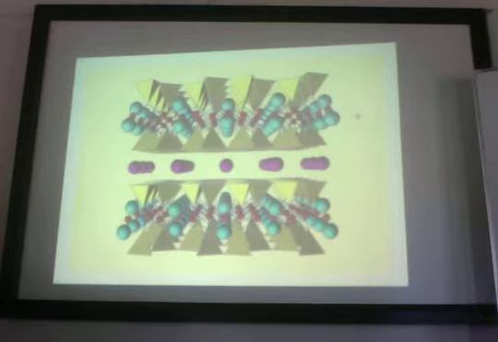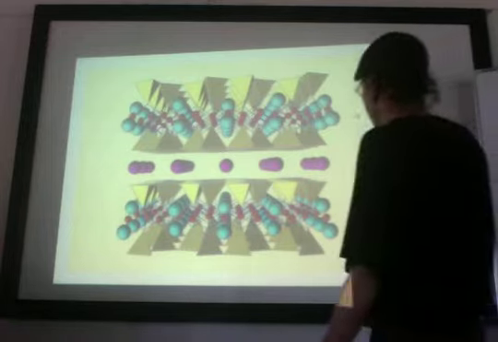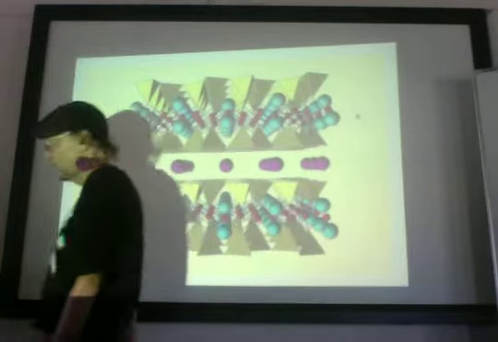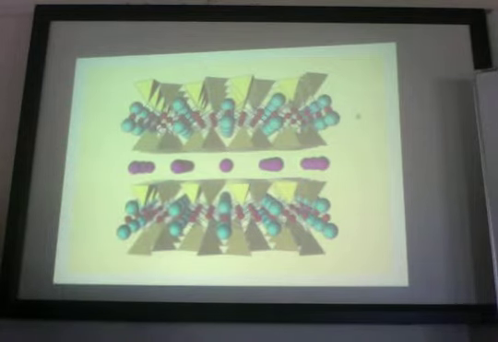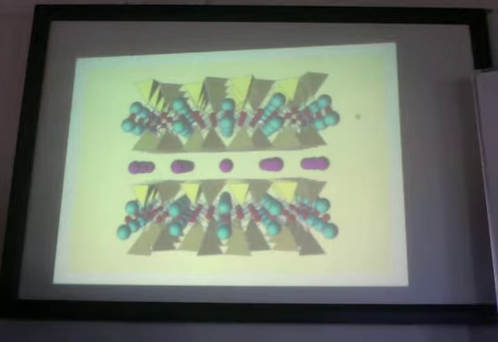But here we have something in the interlayer. No, that's not a biotite, that is a fluoride. That is a biotite, and this biotite could be a fluoride or an amide.